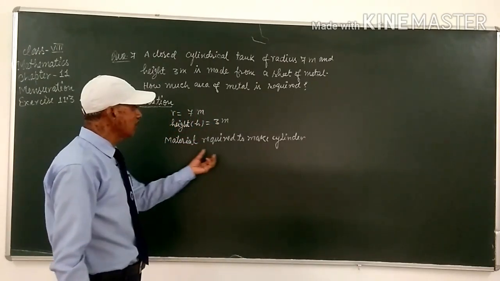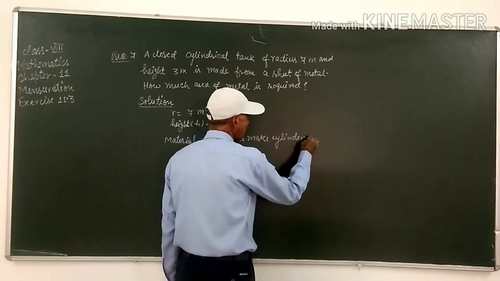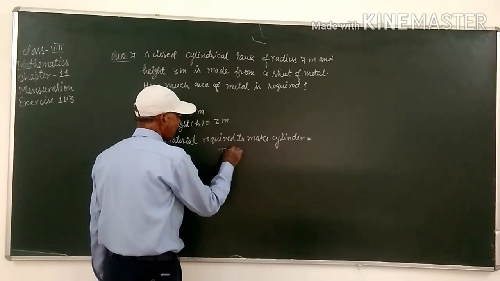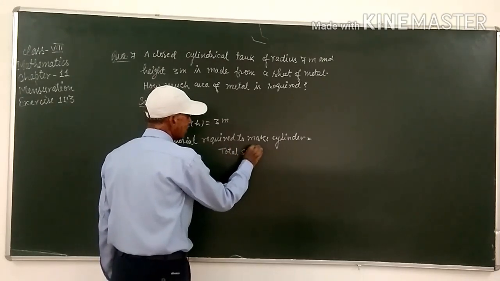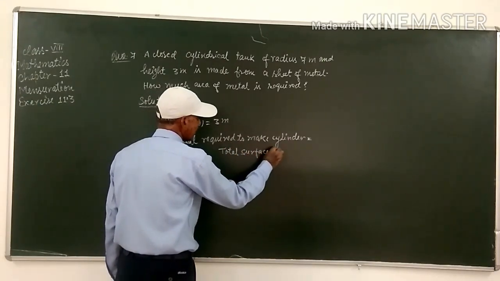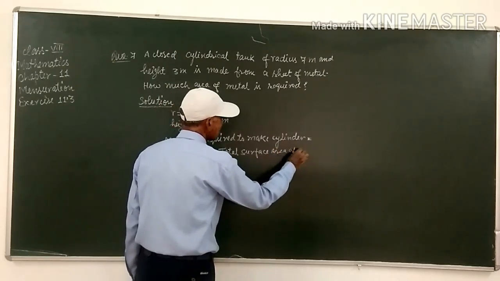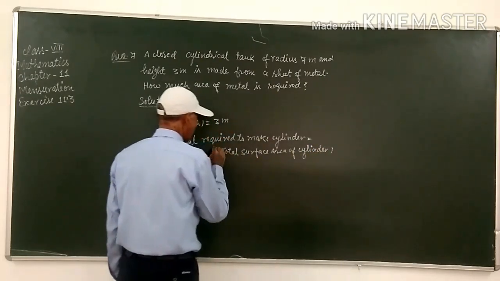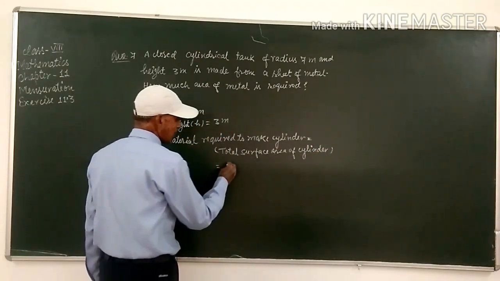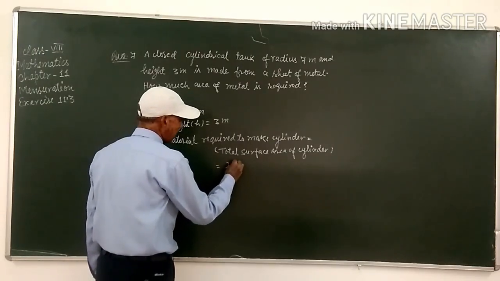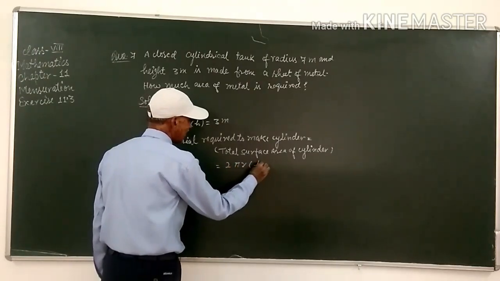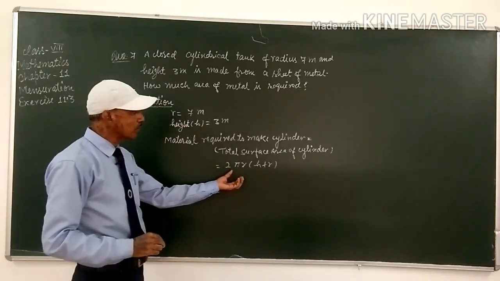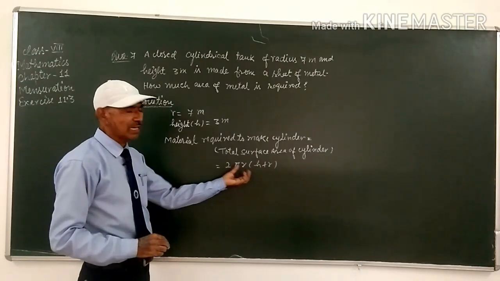Material required to make cylinder is equal to total surface area of cylinder. That will be 2 pi r times h plus r. Student, this is the formula to find out the total surface area of cylinder.